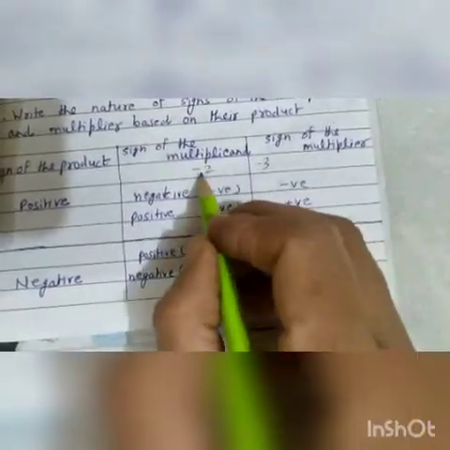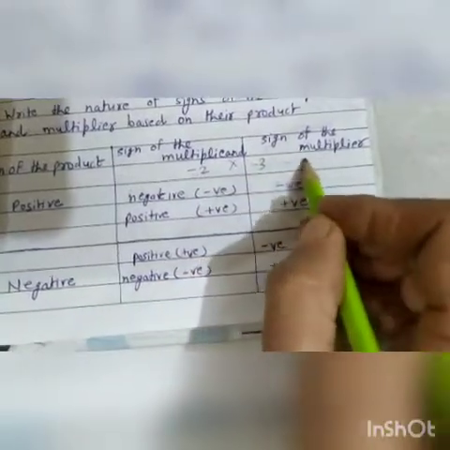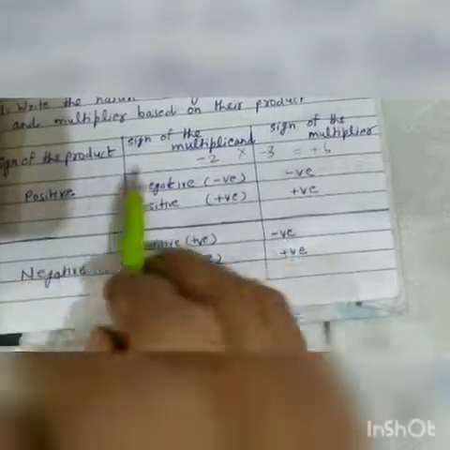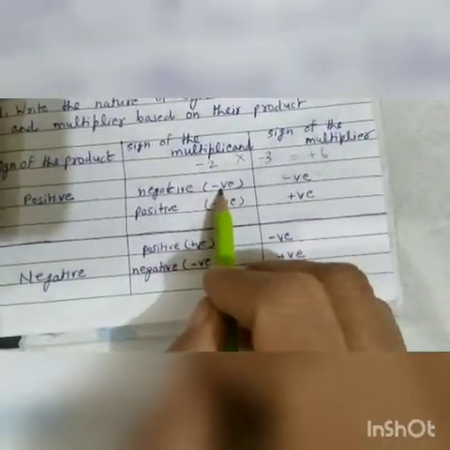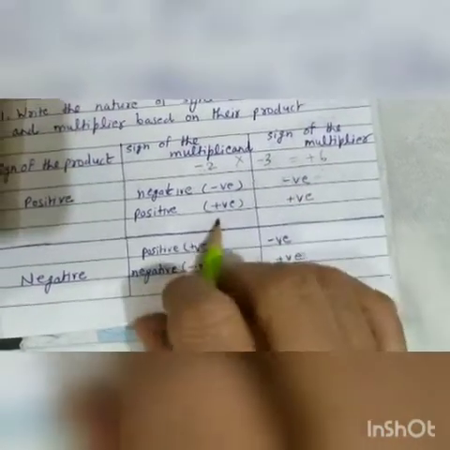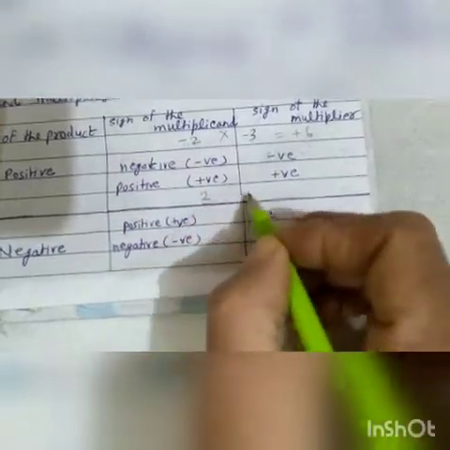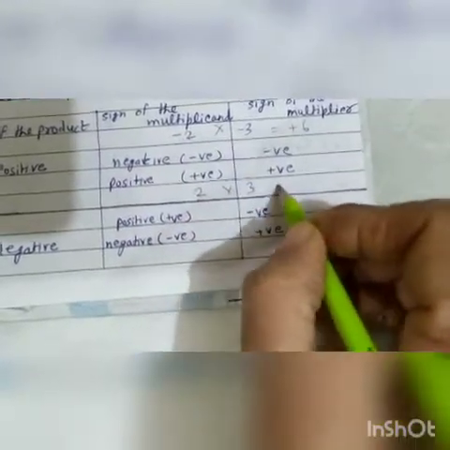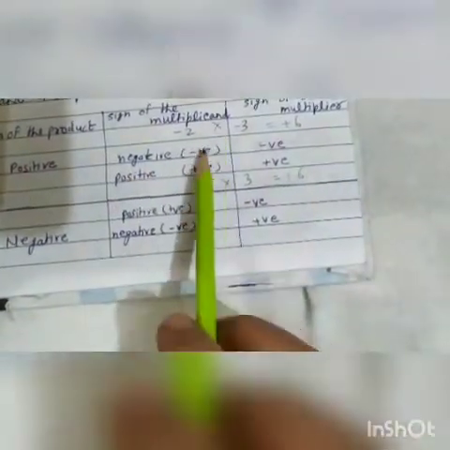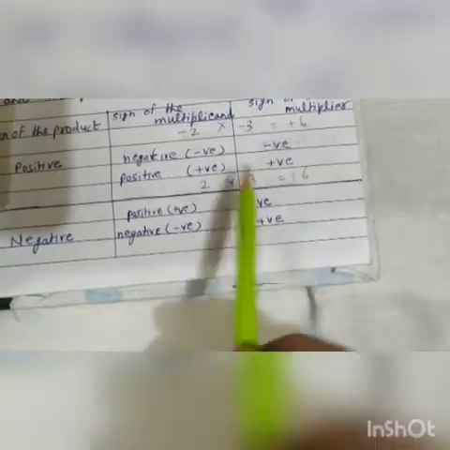When we multiply minus 2 by minus 3, we get plus 6. So the sign of the multiplicand is minus and the sign of the multiplier is also minus. But we can also take both signs positive. If we multiply plus 2 by plus 3, again we get plus 6. So the signs of multiplicand and multiplier are either both negative or both positive.